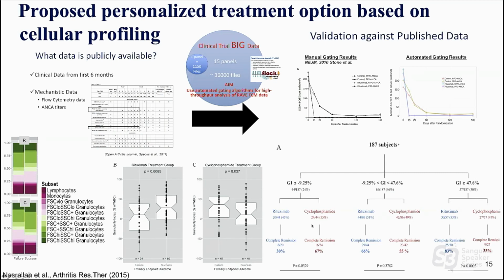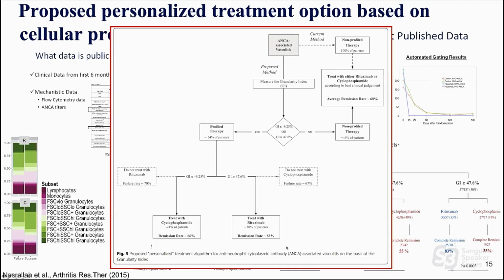We can predict now, for those who are hypergranulated at the baseline, you take this route and see who is going to achieve remission, and for those who are less granulated, you go on the left side of the arm, and see who is going to have a complete remission. So basically, we give a more personalized treatment option.